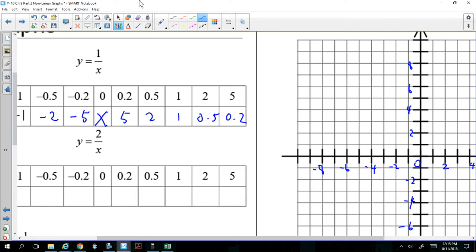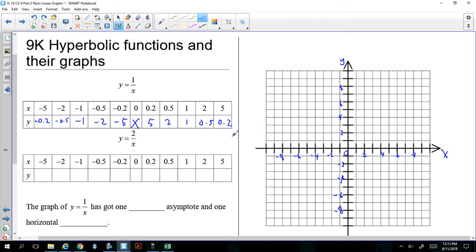So I've got the graph. Some points are a bit hard to plot. Let me use a different color pen. Let's use green. So the first one: x is 0.2, y is 5, which is here.